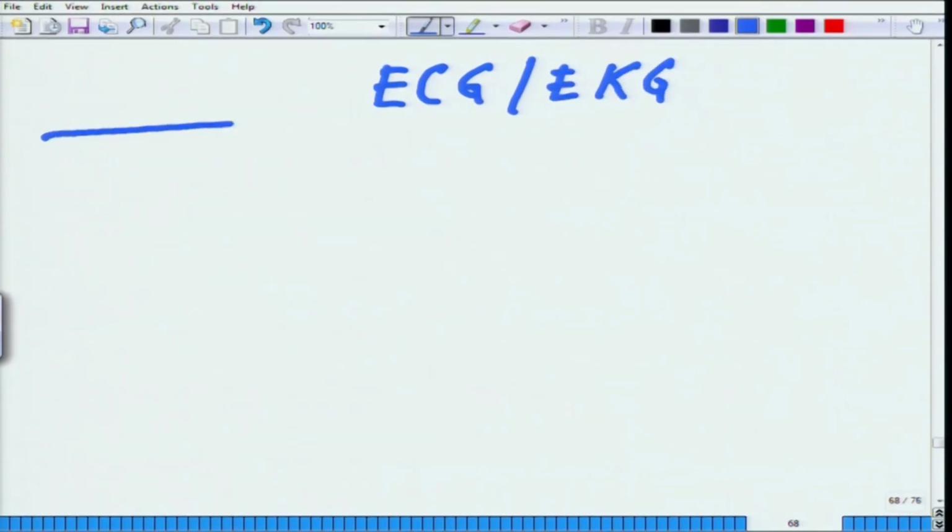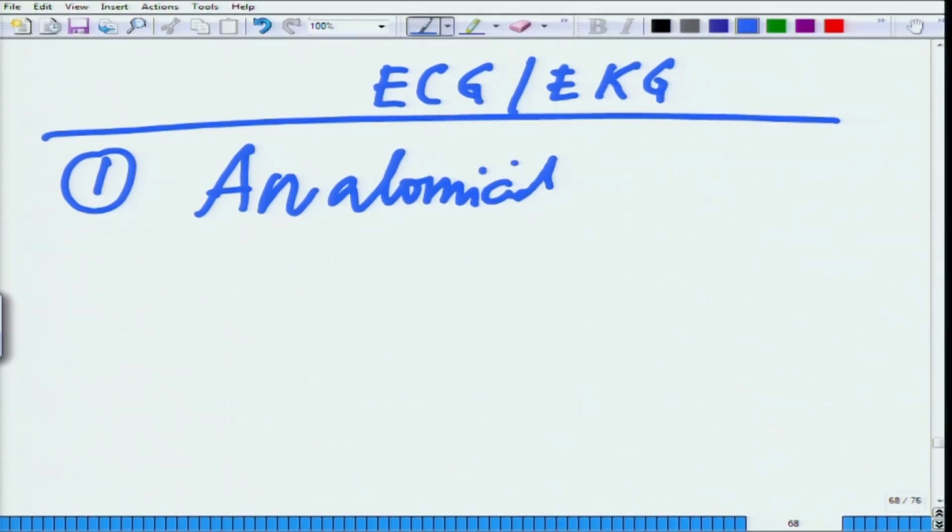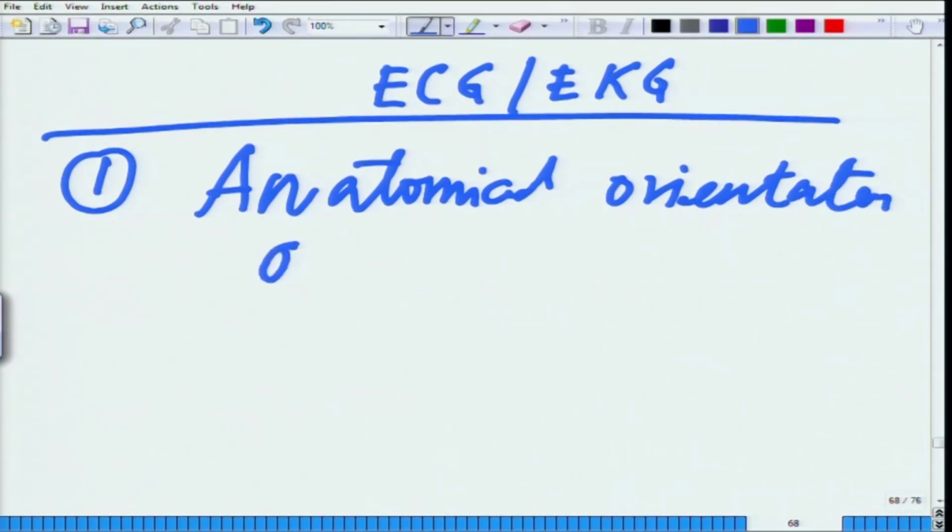These are the things EKG can tell you. First, and please be very careful on this one, it can tell you the anatomical orientation of the heart.